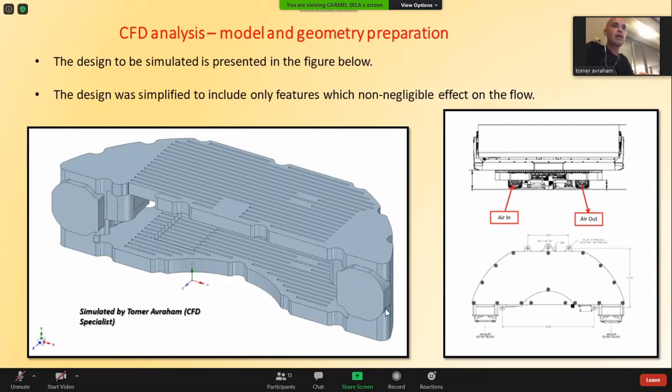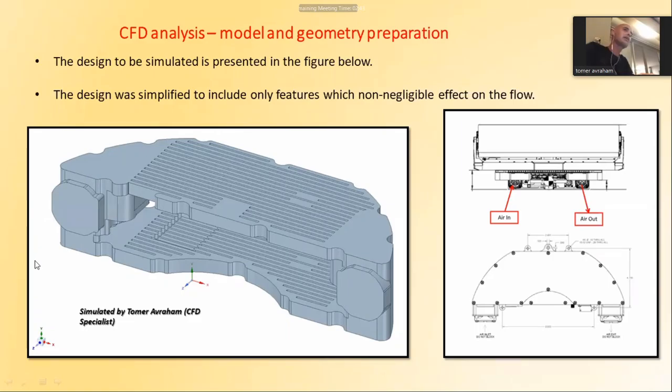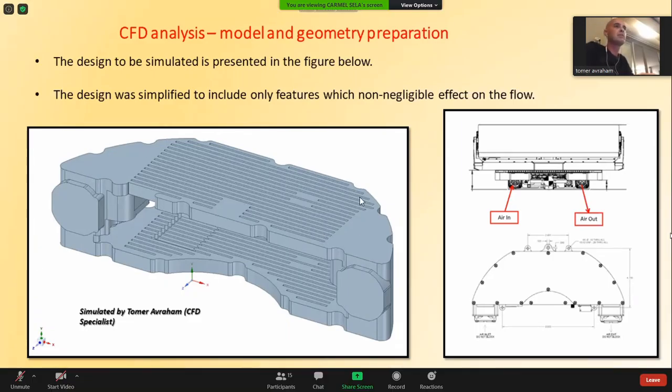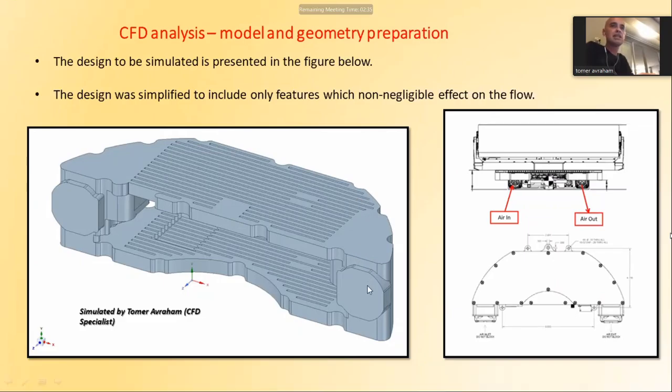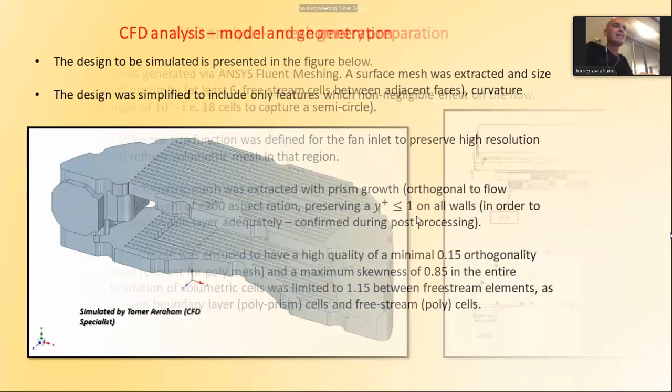So we have a push fan here, and we have an exhaust fan, and we want to check what the effect is. We want to optimize these fans. These fans are working in series. Fans working in series means that when they are totally closed, then you get double the pressure drop. I will show it in a second.